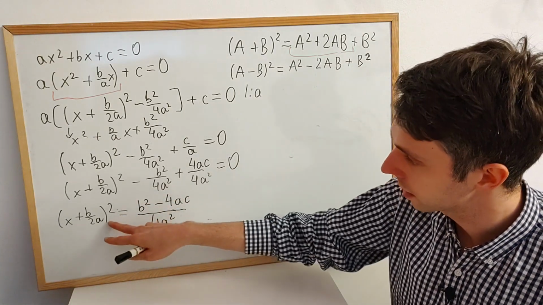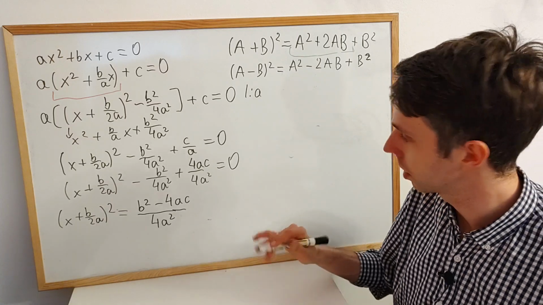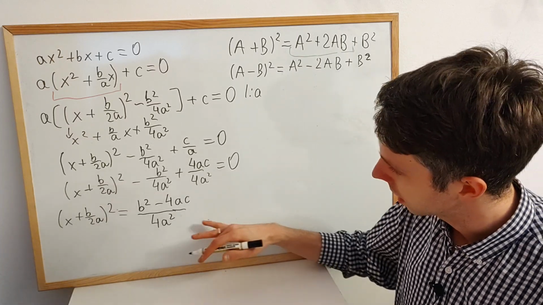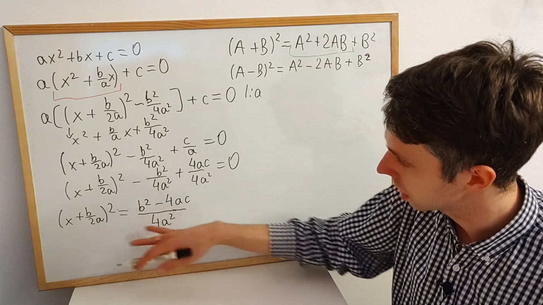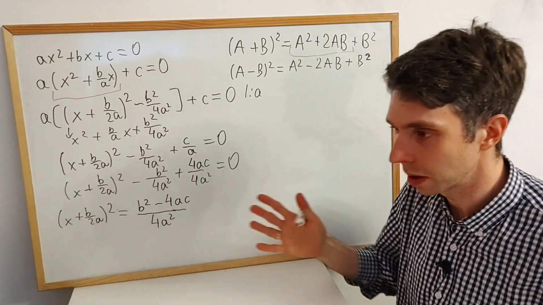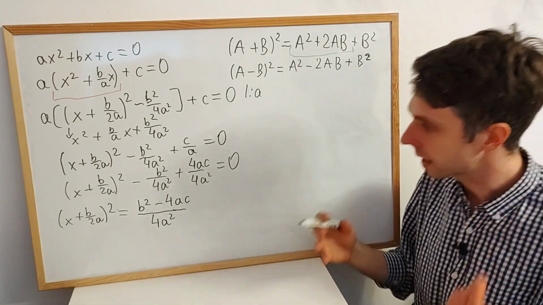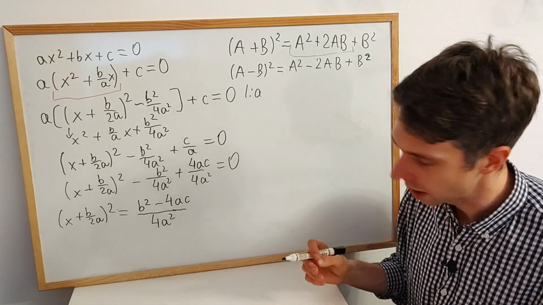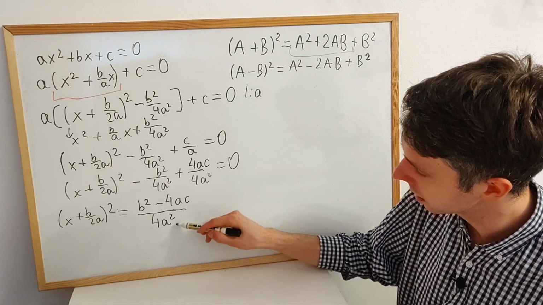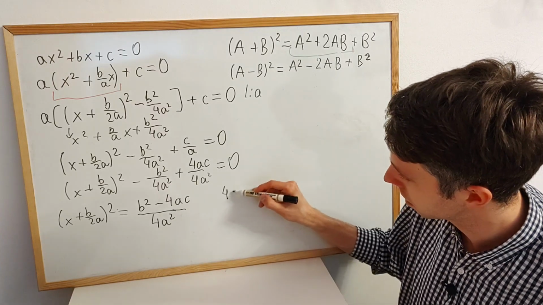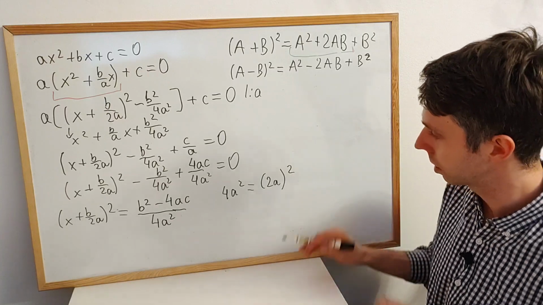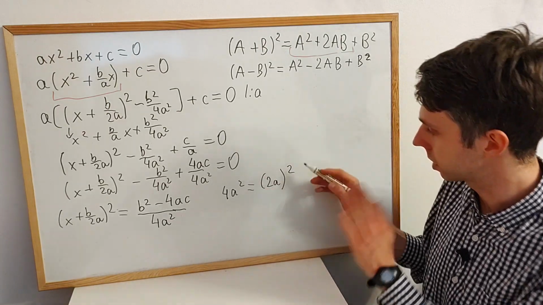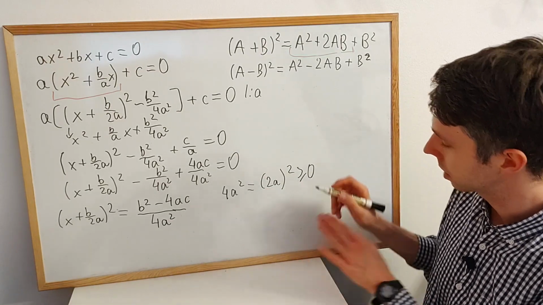So to solve it, I want to take the square root of this. But okay, the question is if this is positive, so if I can take a square root of this in real numbers. So for a squared, the denominator is 2a squared. So this is some number squared. So here no worries.